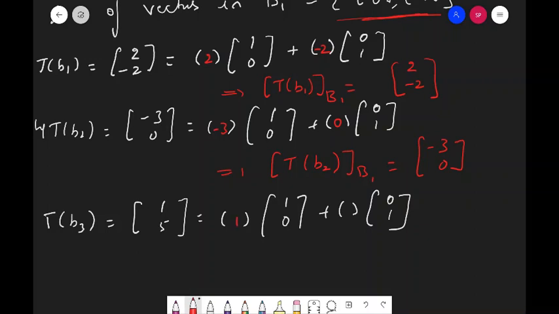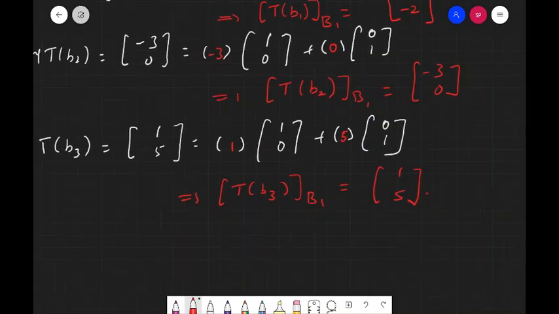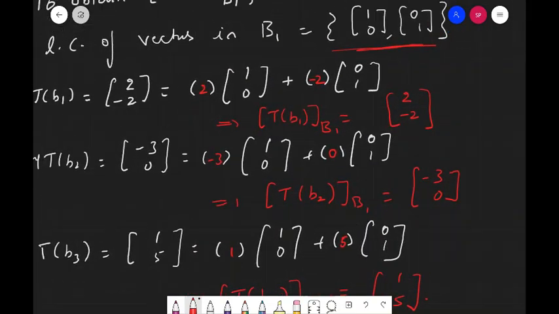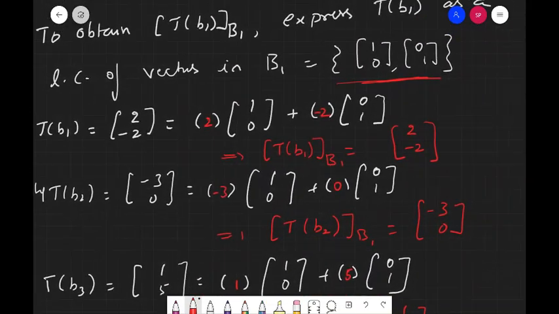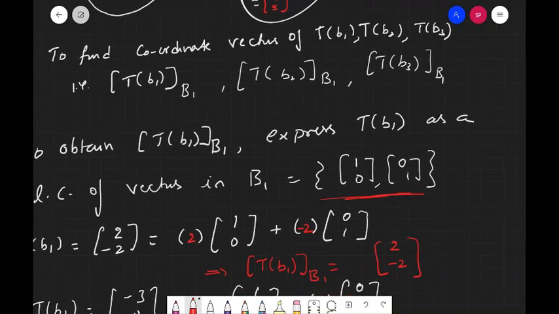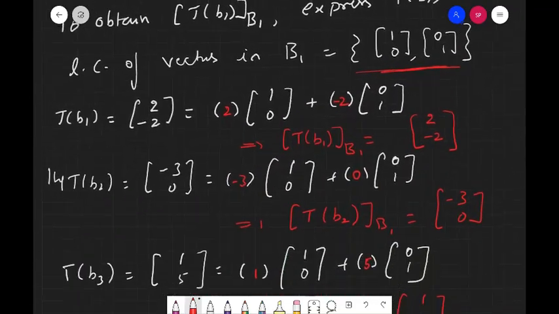Here you will get nothing but 1 and 5, which implies the coordinate vector of T of b3 corresponding to the basis B1 is nothing but 1 5.